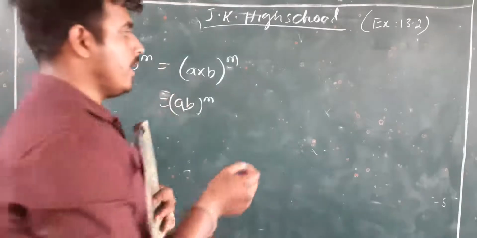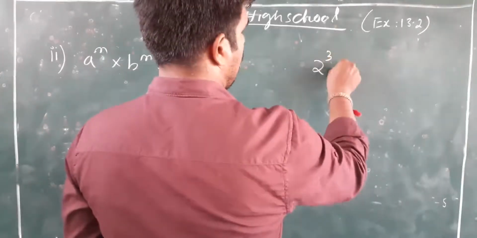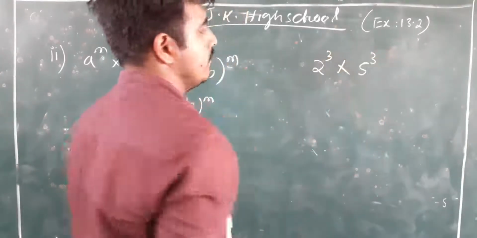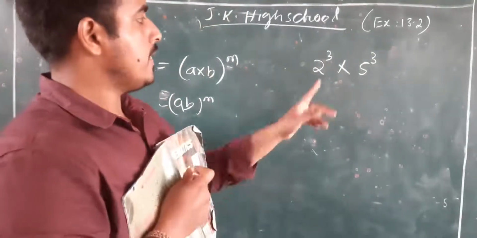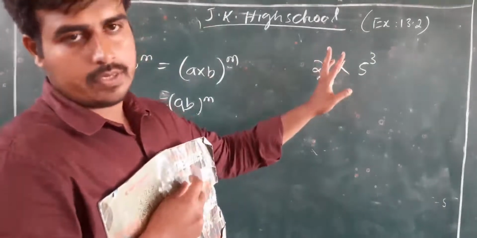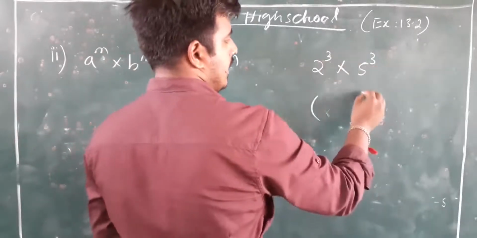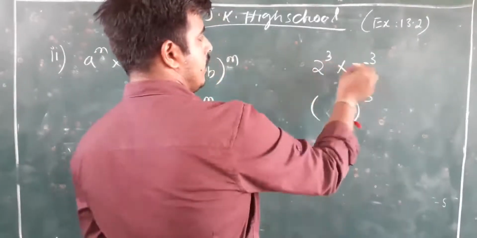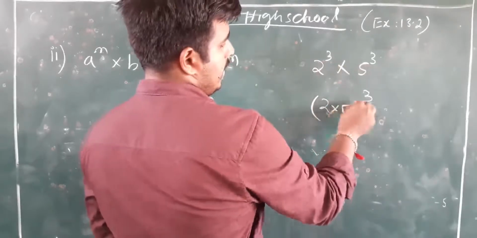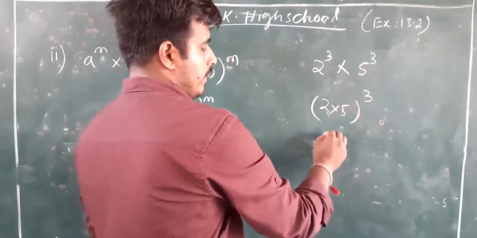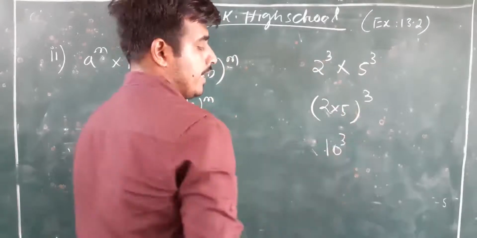This can be justified by 2 cube into 5 cube. The bases are different, so you cannot add the powers. In this case, you can take the common power outside and 2 into 5 inside. 2 into 5 will become 10, so your answer will be 10 cube.